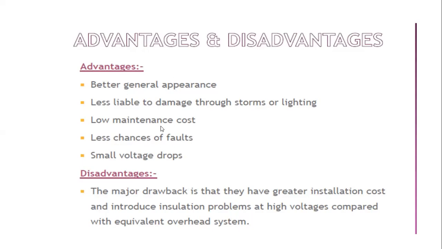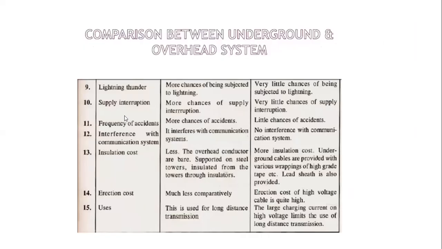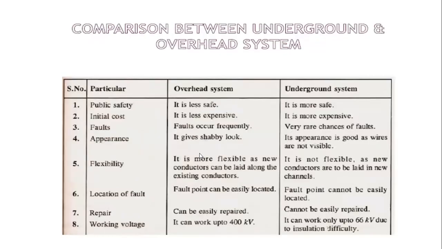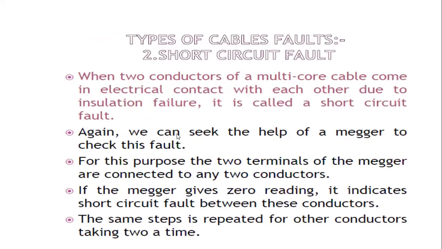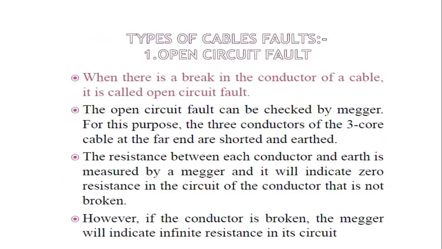These are some of the advantages and the major disadvantages of underground cables, and this is the comparison between the underground and the overhead systems. And also the various types of faults that will be obtained in underground cables: open circuit faults, short circuit faults, and earth faults.